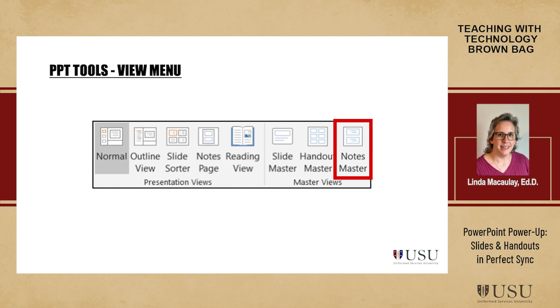So think of the header, footer, logo, page numbers, that kind of thing. And then we're going to use the Notes page button to view the actual content that you're going to put on each page of your handout that's unique for each individual slide in the lecture presentation.